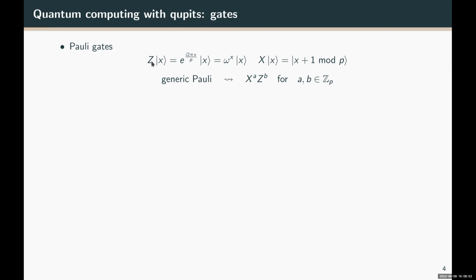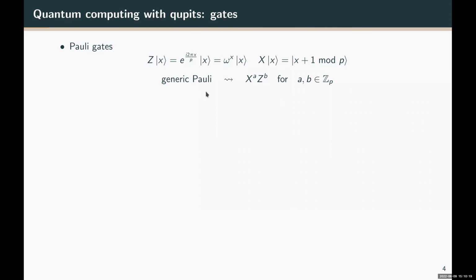The Z operator is a diagonal multiplication by a phase. The phase is a pth root of unity, which we'll denote omega throughout the talk, and we weight this phase in the exponent with the label of the basis state on which we're acting. The X operator acts on the computational basis as translation through the basis elements, modulo p.